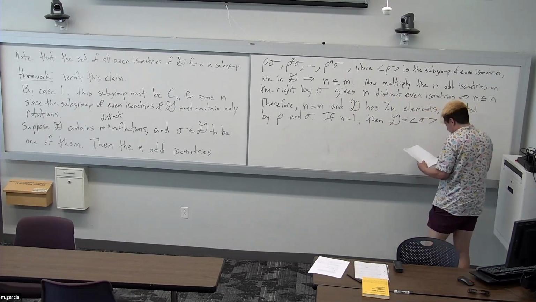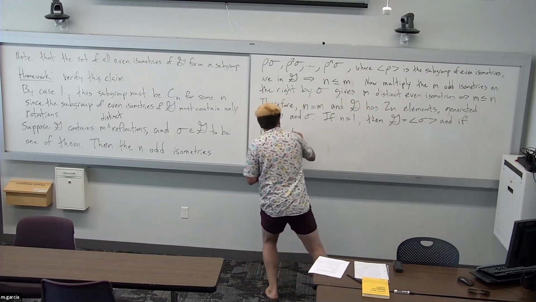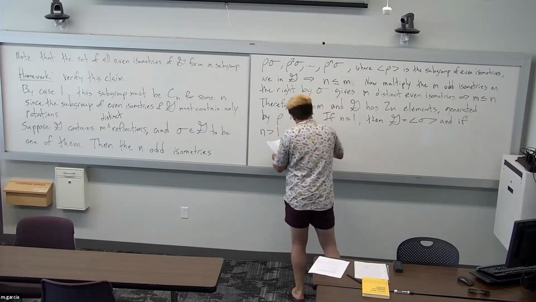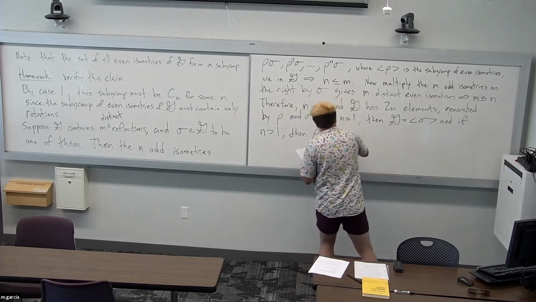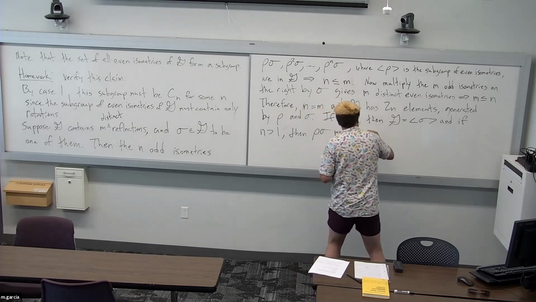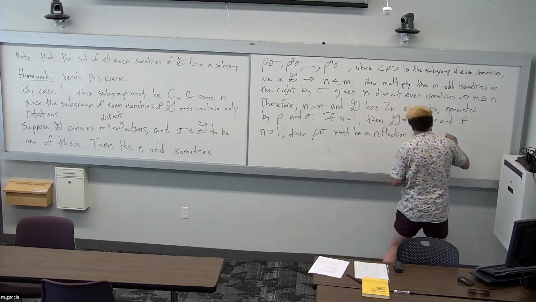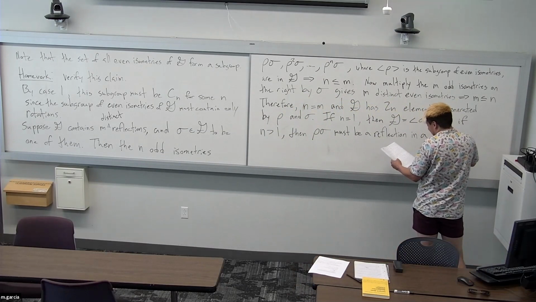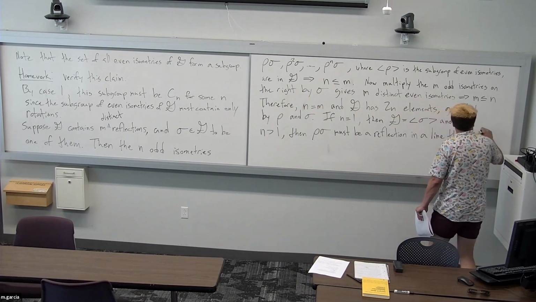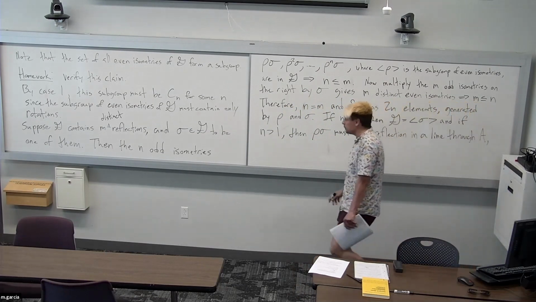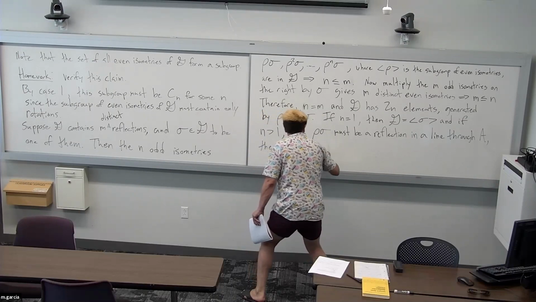And if n is greater than 1, then rho sigma must be a reflection in a line through A, and in case you forgot the notation we were using before, A is the center of rho.